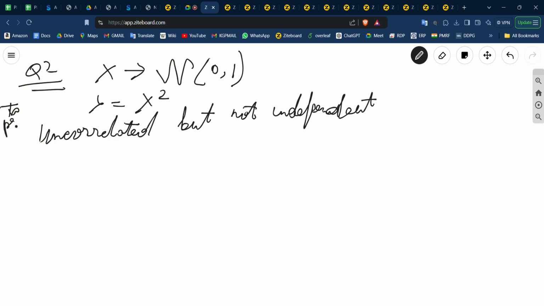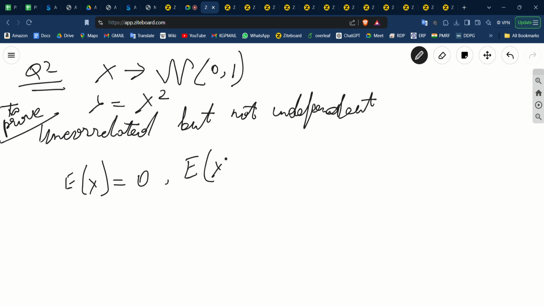To prove this, now E of X is 0. Also, because it's standard normal, the mean is 0.